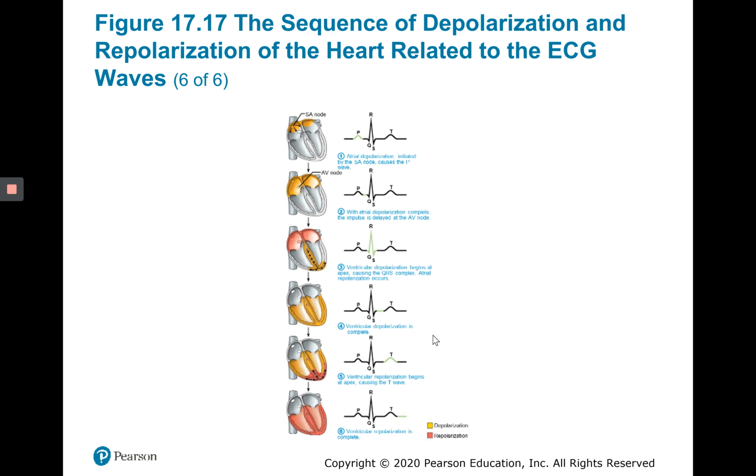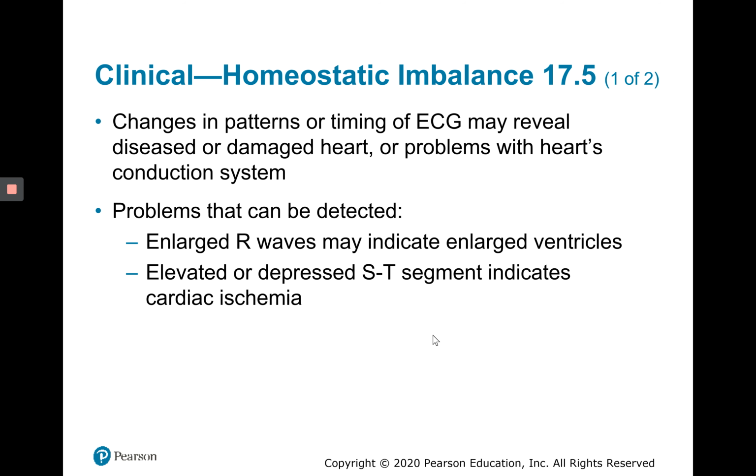So I do recommend this image, figure 17.17 in your textbook, showing the sequence of depolarization and repolarization of the heart and how to look at an EKG and its waves. Any changes in the patterns or timing of an ECG or EKG could reveal a disease or damaged heart, so a cardiovascular problem, especially a problem with the heart's conduction system.